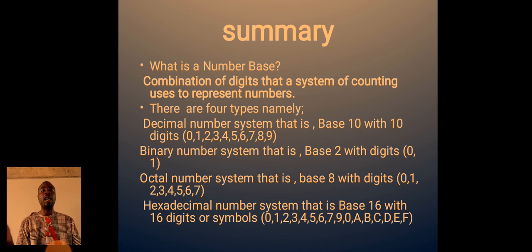There are 4 types. We have the decimals that run from 0 to 9, the binaries made up of just 2 digits, 0 and 1, the octals made up of 8 digits, from 0 to 7, and the hexadecimals that are made up from 0 to F.